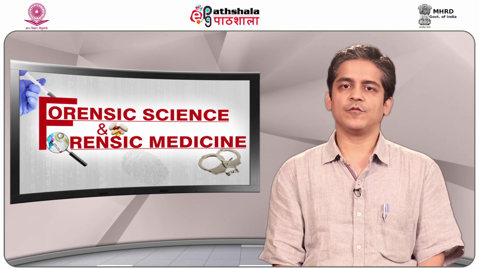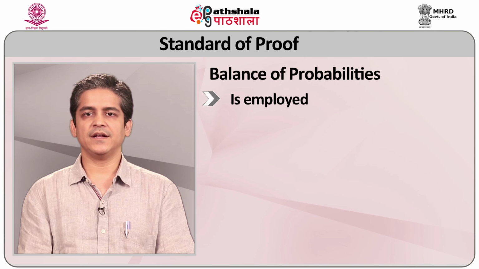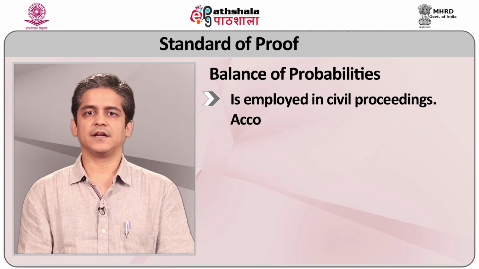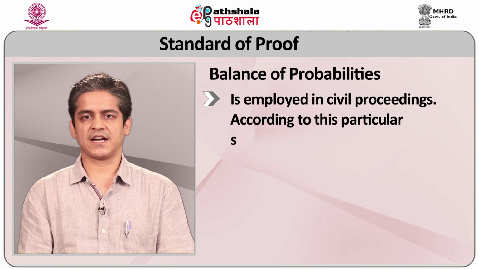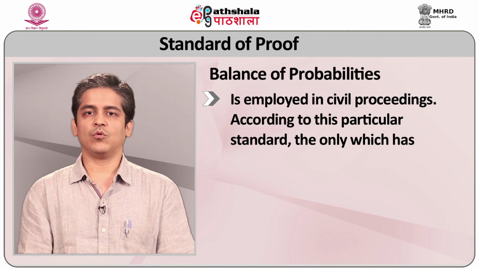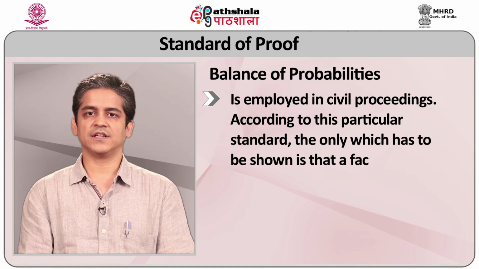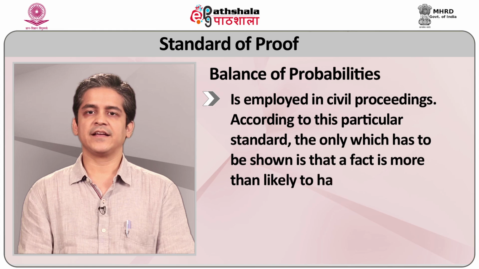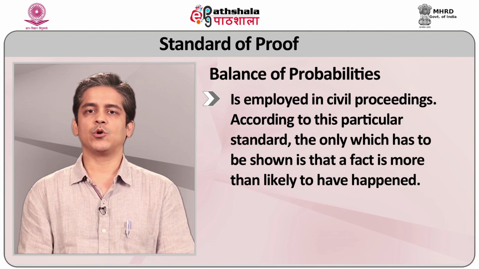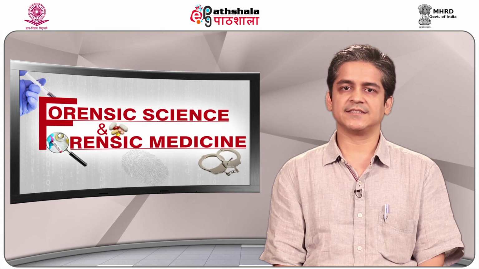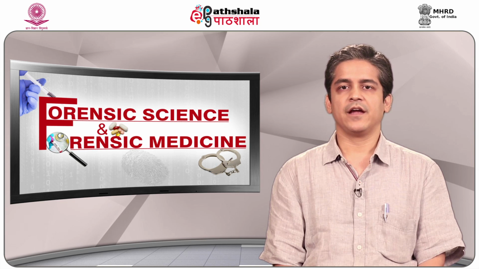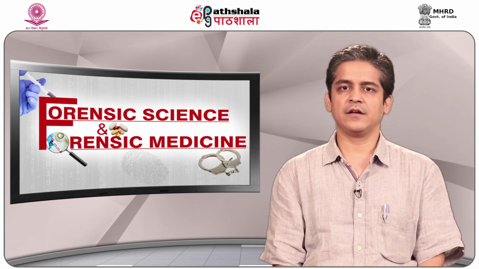The standard of proof on balance of probabilities is employed in civil proceedings. According to this particular standard, the only thing which has to be shown is that a fact is more than likely to have happened. Let's consider an example. X accuses Y of breach of contract.